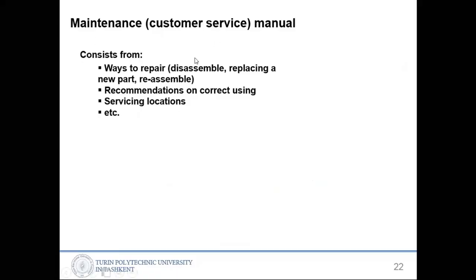It consists of ways to repair or disassemble, replace a part, reassemble, or clean it correctly, plus recommendations on correct use and servicing locations. If you cannot do it yourself, you can call a service location and they will help you repair it. You can find it everywhere. I have one example.